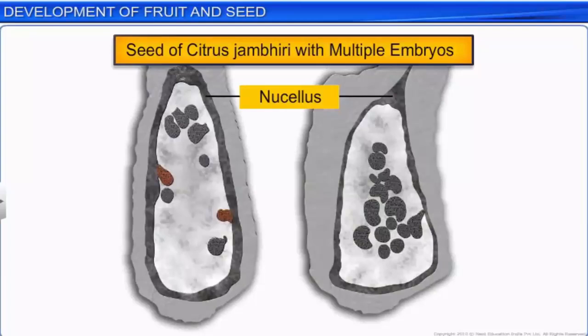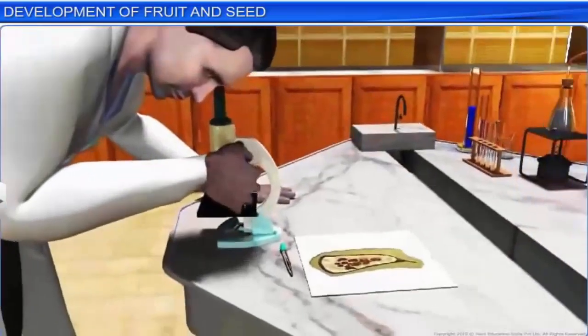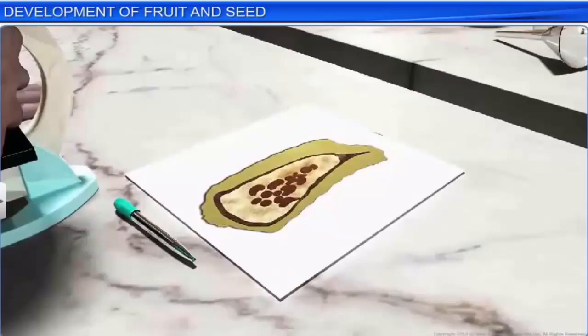Later, these cells develop into embryos, and hence a single seed contains more than one embryo. This phenomenon of having more than one embryo in a seed is called polyembryony. Thus, though we have gained a lot of knowledge about the formation of seeds and fruit, there are many mysteries that scientists are still trying to unlock.